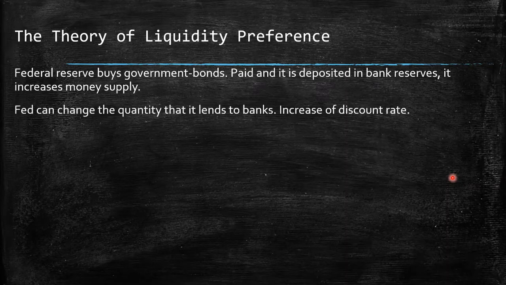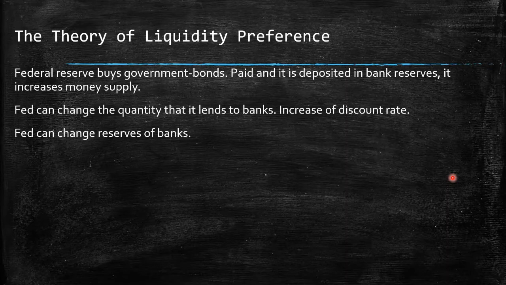And then the Fed can change the quantity that it lends to the banks. This is the way when they increase the discount rate, because then the banks have no more incentive to ask for money because the interest rate is higher. So it could be a way to reduce the money supply in the economy.